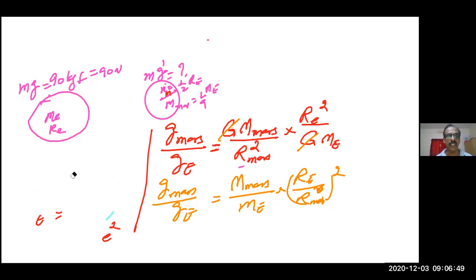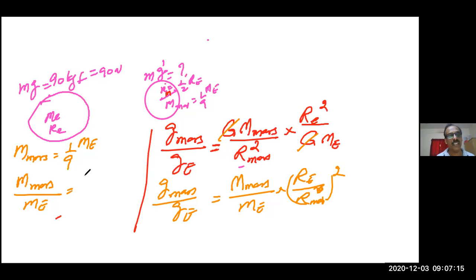Now we need to bring the ratio here. In the question, it's given mass of the Mars is 1 by 9 times mass of the Earth, right? Yes, sir. That means M Mars divided by mass of the Earth is 1 by 9.